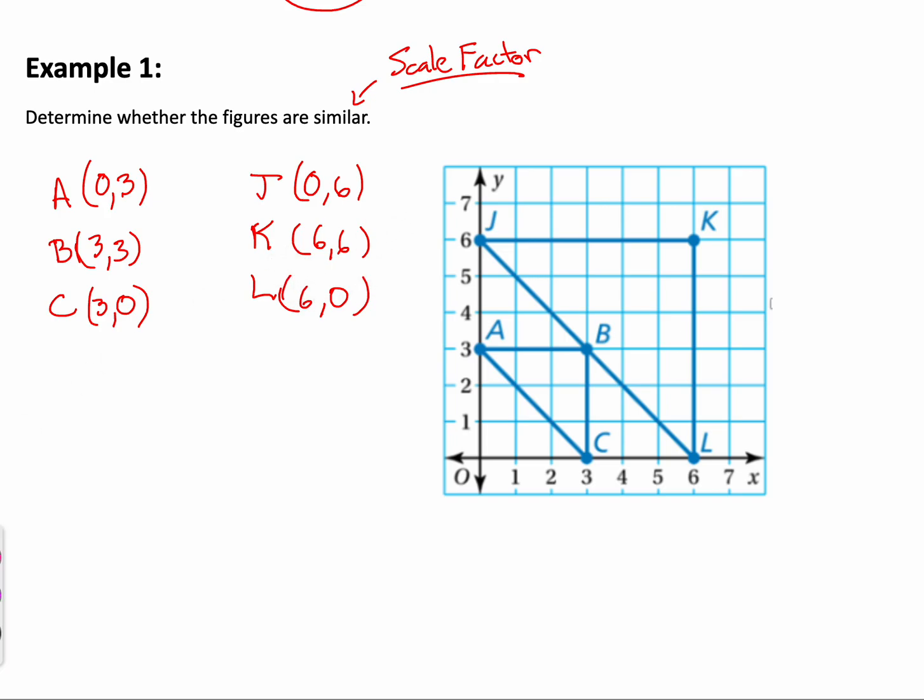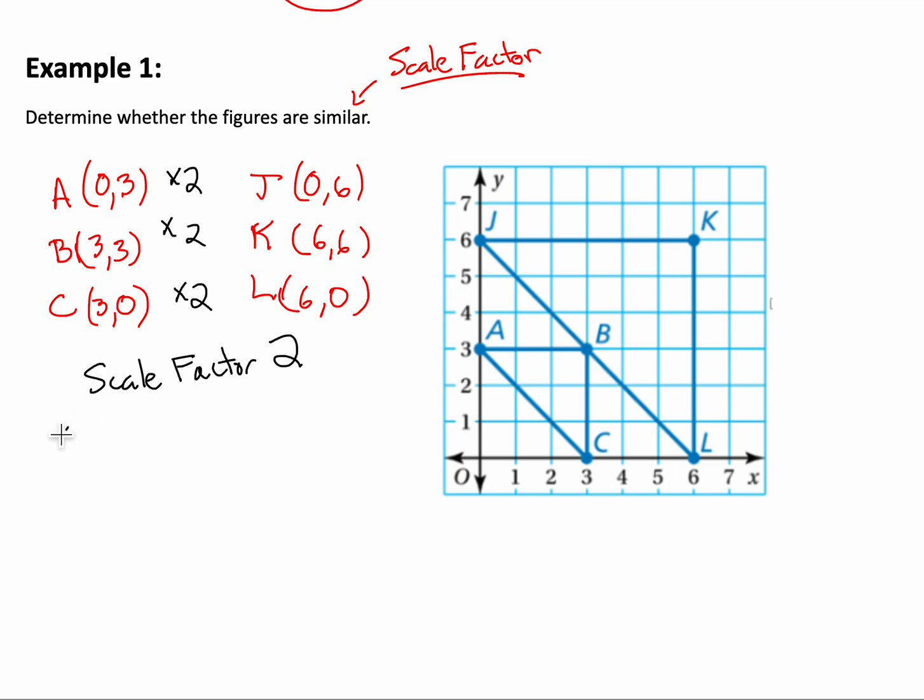Now in looking at this, I'm matching up the x's: 0 and 0, 3 to 6, 3 to 6, 3 to 6. Those are all times 2. And if I did that for each one of these, that means my scale factor is 2.